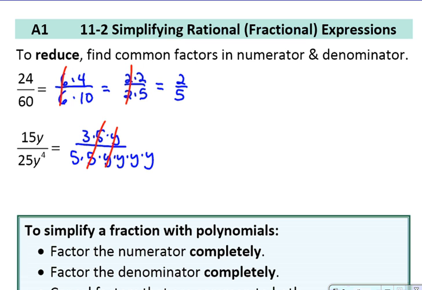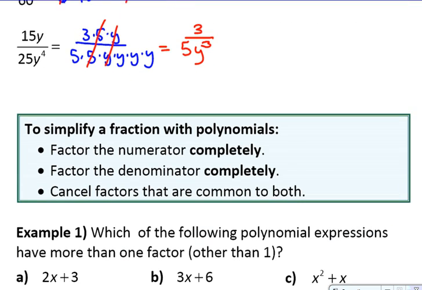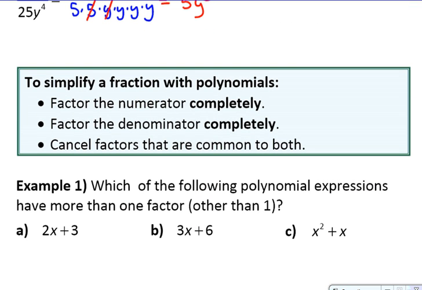So I can divide out by 5 over 5 and y over y. And I'm left with, in the numerator, a 3, and in the denominator, a 5 times y times y times y, which is y to the 3rd. That would be the answer. You can see there's nothing else in common between those. The key is I changed those into multiplication problems and then looked for the clever 1's.